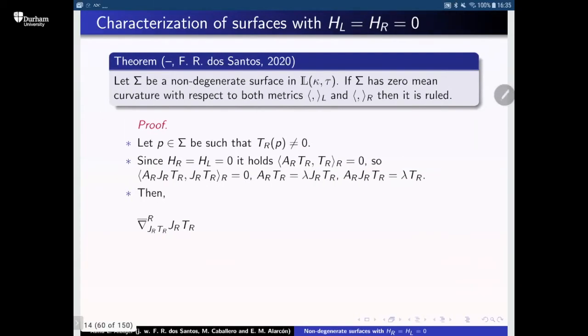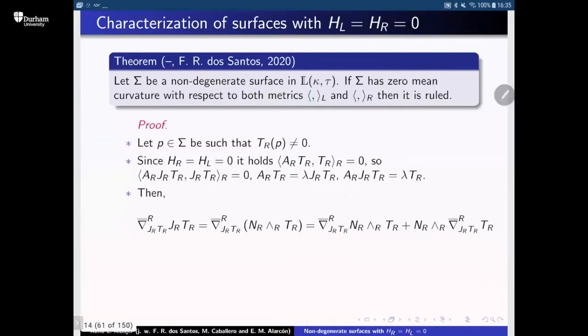Okay, what I'm going to show is that the integral curves of the field GRTR are pre-geodesics. And so they would be the ruling of our surface. In order to show that they are pre-geodesics, we have to compute this Levi-Civita connection. We have to derive this vector field in its same direction.